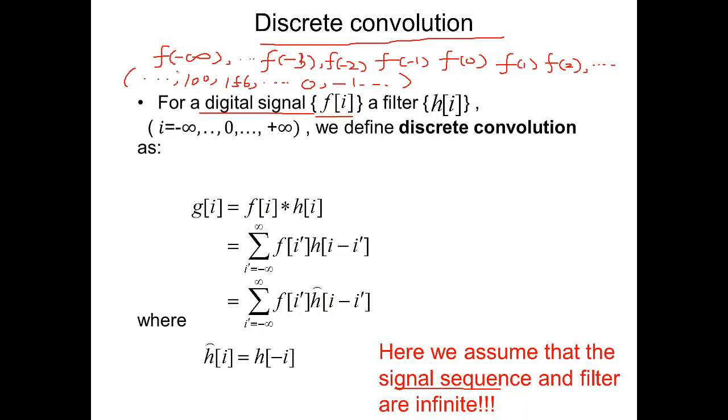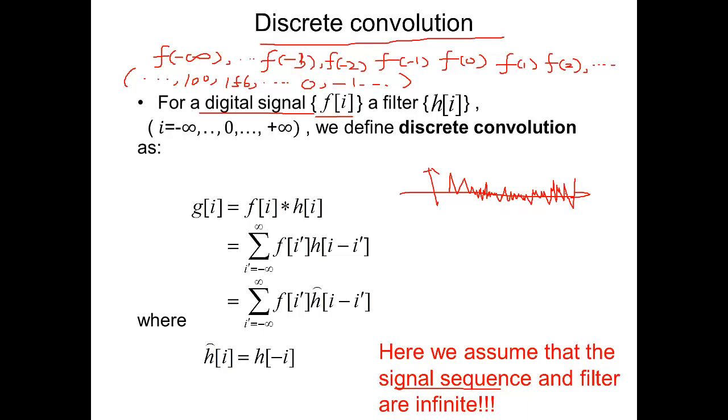Sometimes this digital signal also contains noise. For example, you have an audio sequence, and perhaps sometimes there is noise in it.